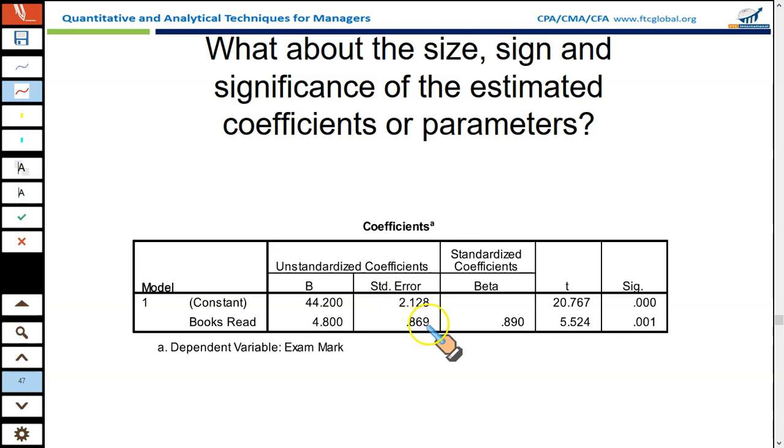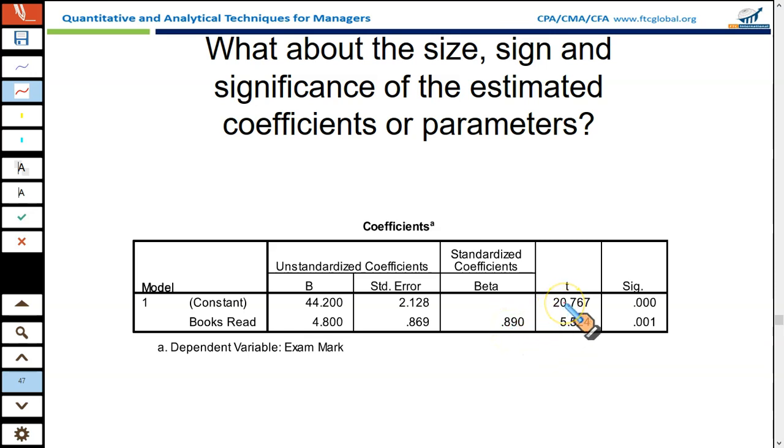So you can say the books read has less standard error, so it's more precise. What about the standardized coefficient beta, 0.89? It shows there is a strong positive relationship between number of books read and the exam marks, close to 1, strongly positive.